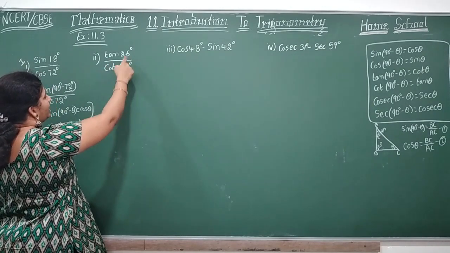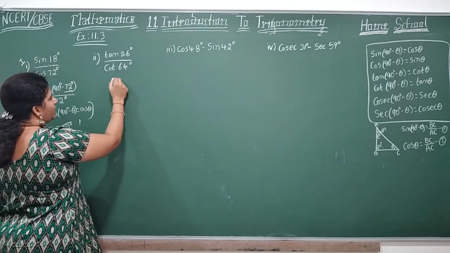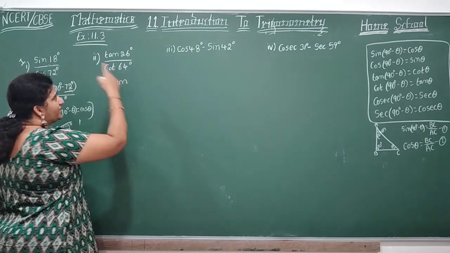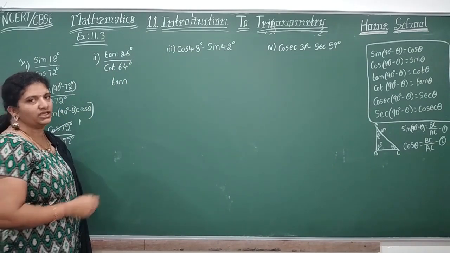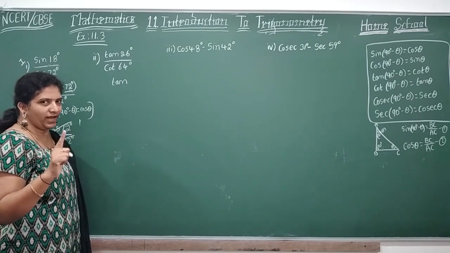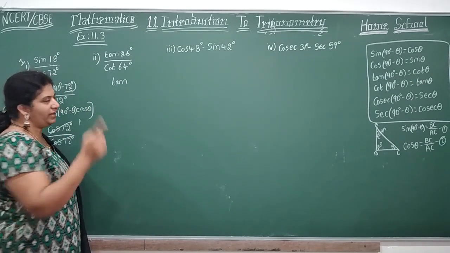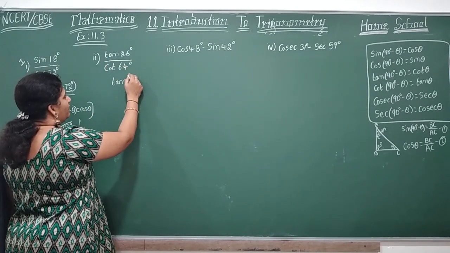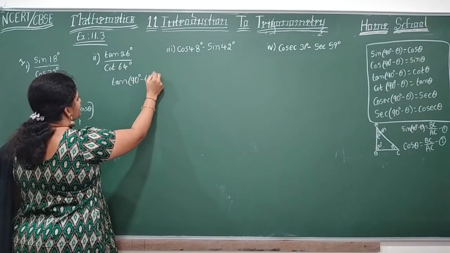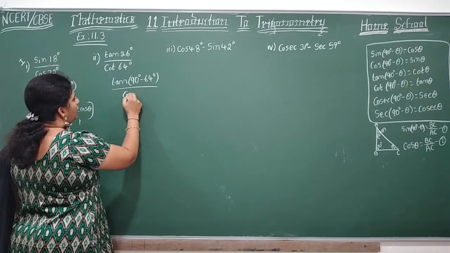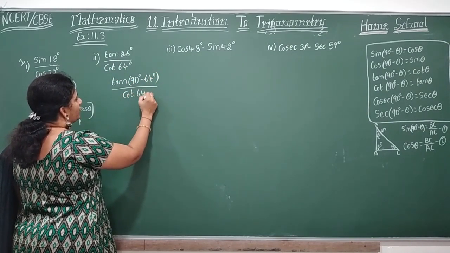So how do you get tan 26, children? Think in your mind. What is 26? 90 minus 26 will be how much? It will be 64, right? That number keep it in your mind and rewrite the same thing. Tan of 90 degree minus 64 by cot 64 degree.